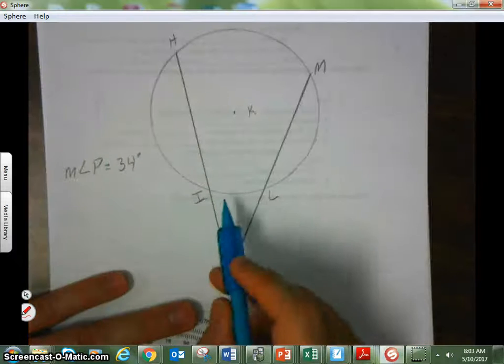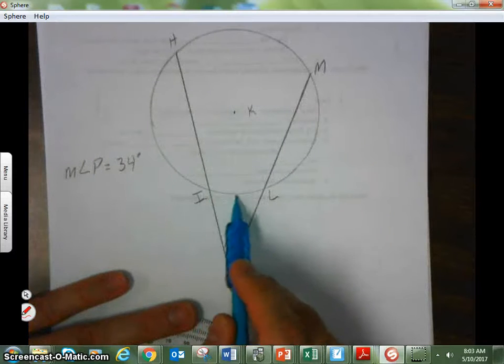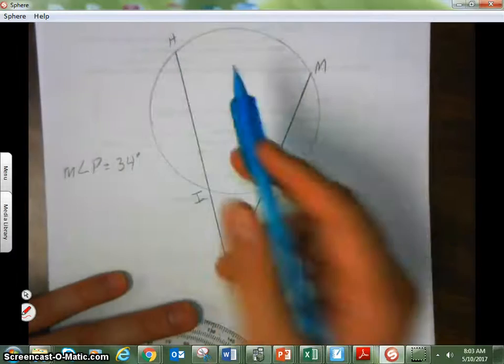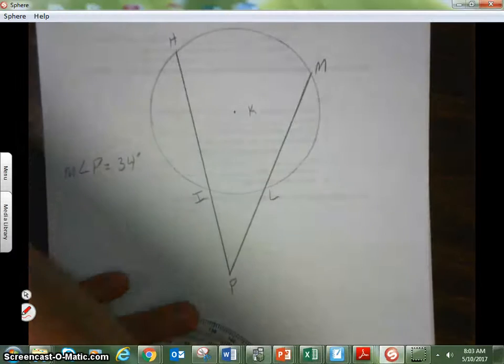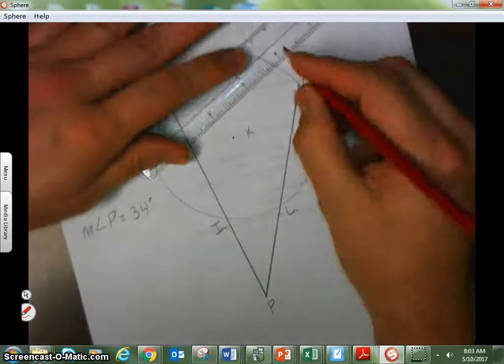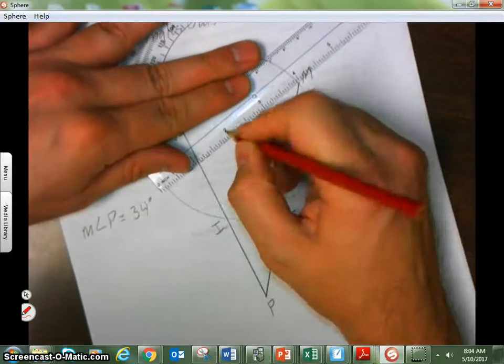Now, this exterior angle P intercepts two arcs on the circle. It intercepts arc IL and it intercepts arc HM. So we want to know, well, what are the measurements of those arcs?